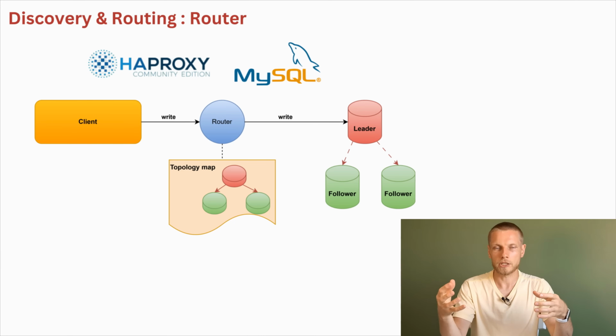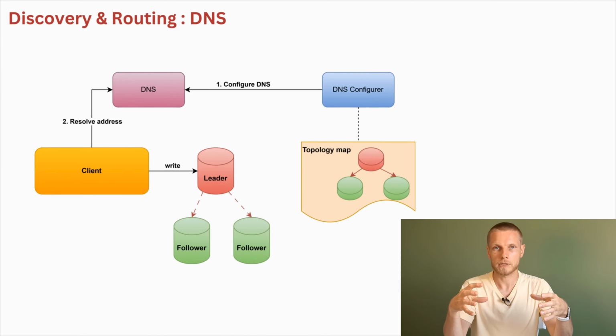To avoid an additional component, we could use DNS, which is our existing infrastructure, which we will anyway have in any system. And in that case, we could have some additional component which monitors the system structure, the topology, and configures DNS according to this topology.